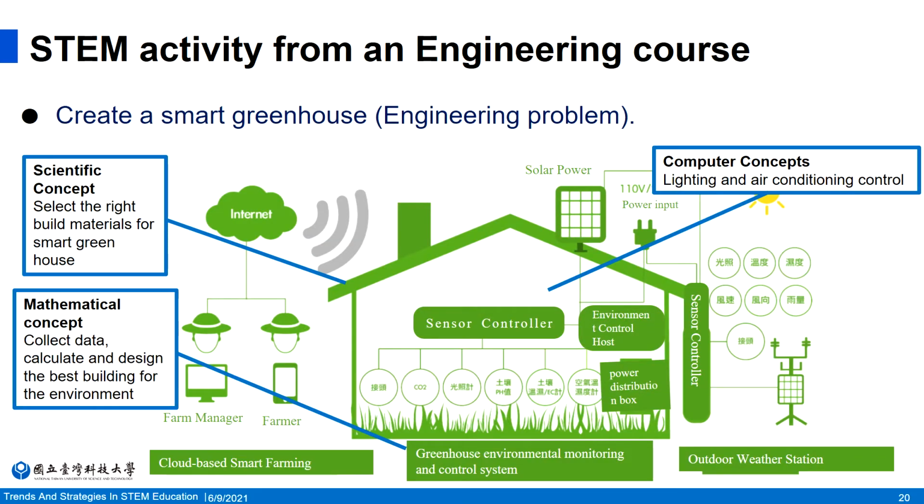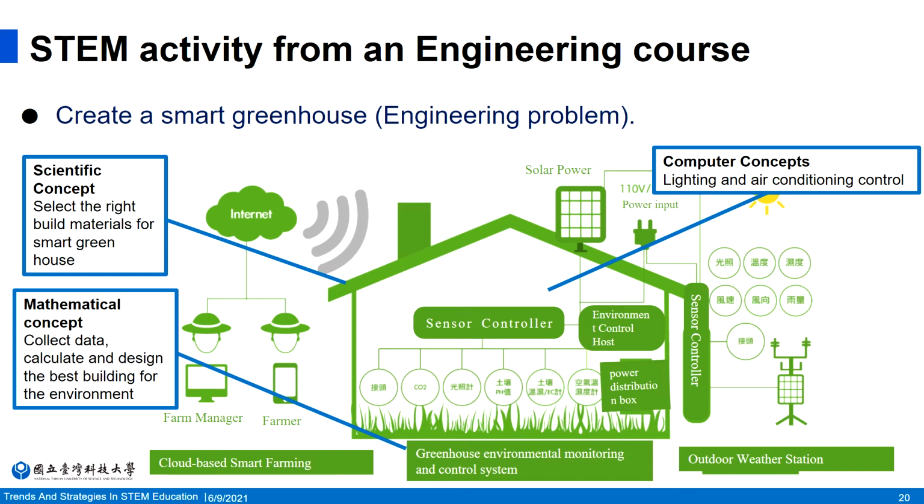As I have mentioned earlier, designing a STEM activity is usually a challenge to school teachers and researchers. So here I would like to demonstrate some approaches to conduct a STEM activity from a single course. In this example, the task is to develop a smart greenhouse. This is an engineering problem. We start from an engineering course, then this implies that we need to add the knowledge from other courses.